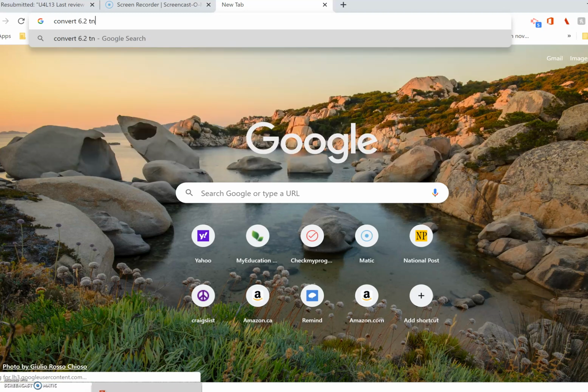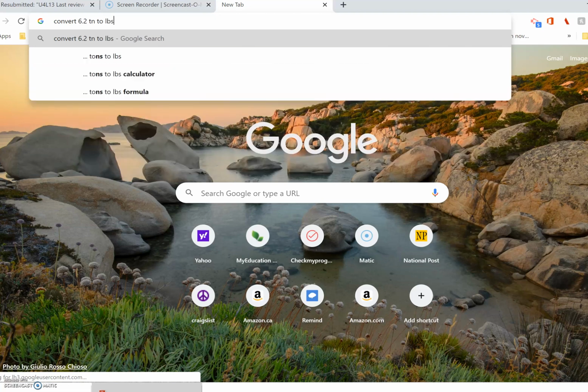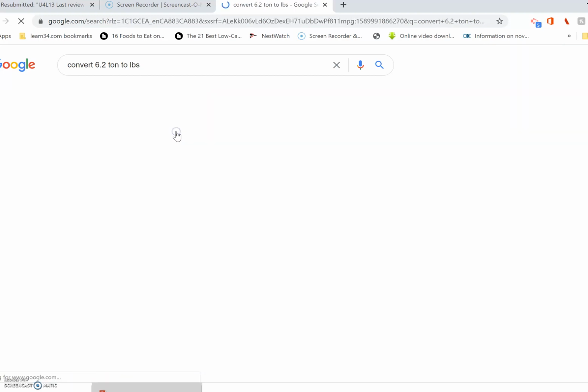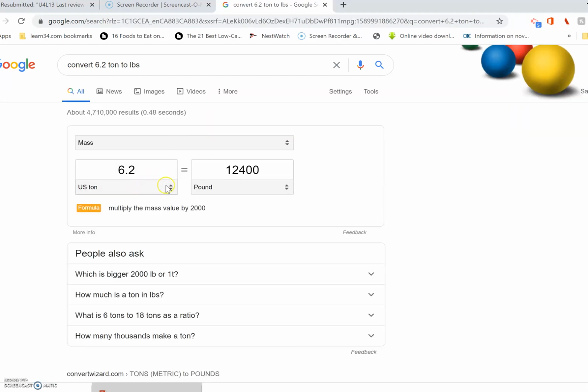It must have TN. It must be the proper abbreviation, to pounds, LBS. And you'll go to some converter. There we go, 6.2 tons. It's asking you to confirm that. Okay, so did you mean that? Yes, I did. And 6.2 tons is 12,400 pounds.